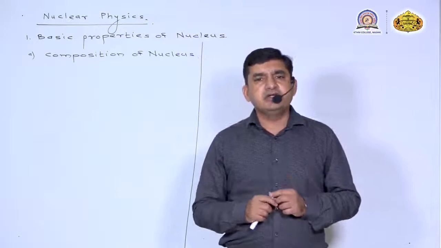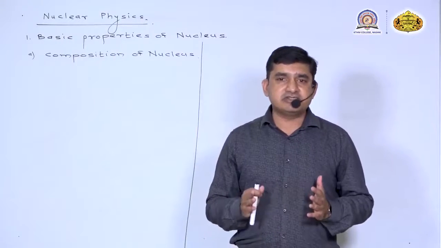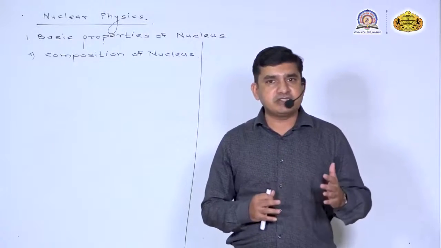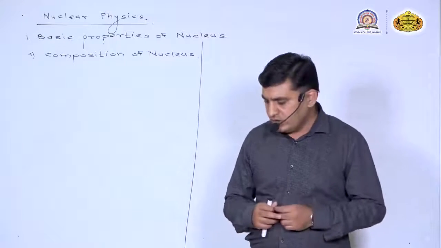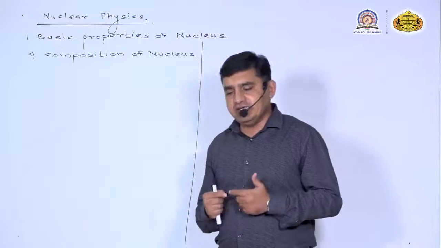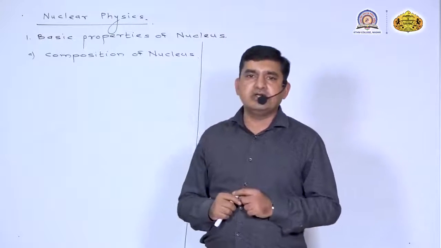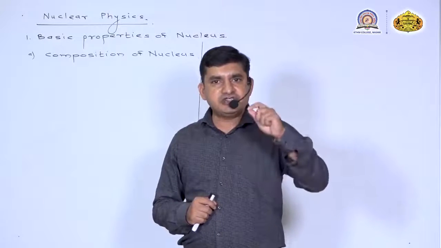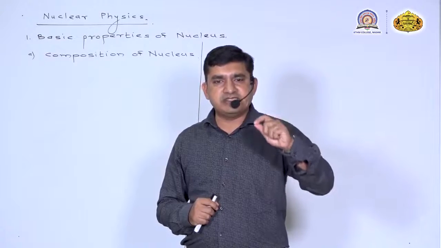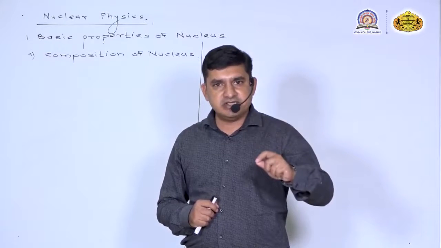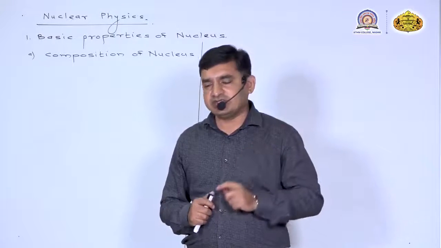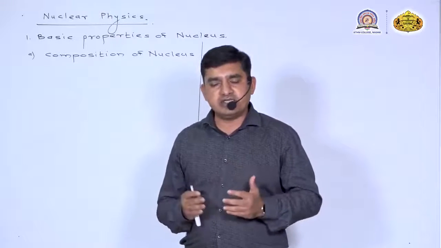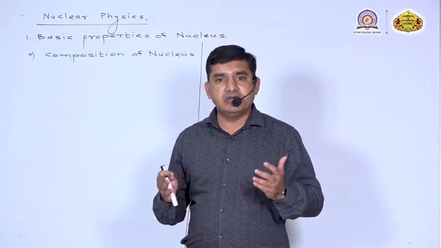We know that the atom consists of positively charged protons and chargeless neutrons which are present in a nucleus. The number of positively charged protons present in a nucleus is known as the atomic number.